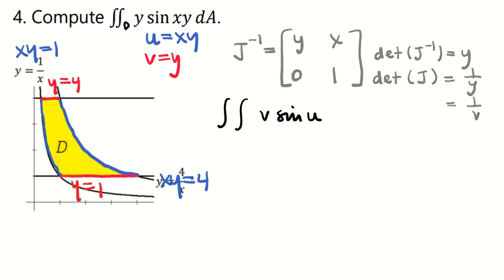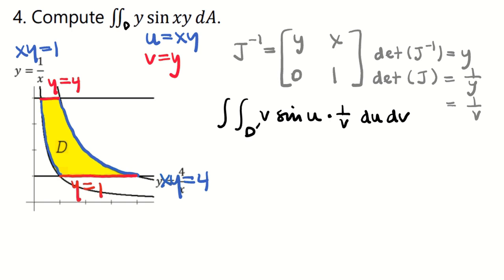Yeah, that's 1 over v, because v and y are the same. So times 1 over v, du and then dv, and we're double integrating over some D prime, the rectangle whose image under the transform J is D.